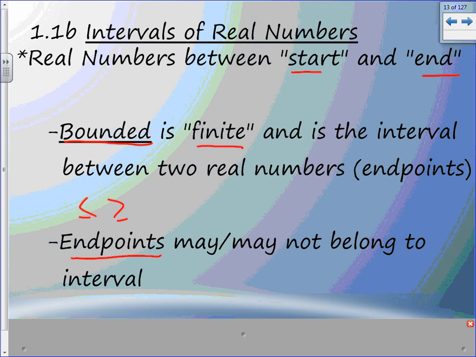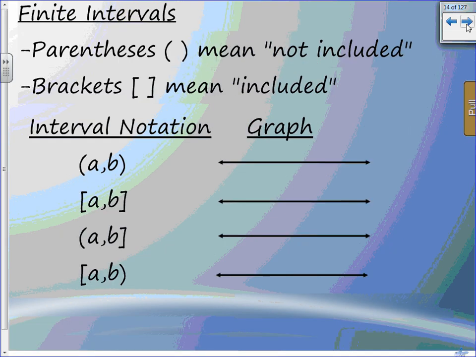Let me just show you how we would represent these intervals. Parentheses mean the numbers are not included in the interval. Brackets mean the numbers are included in the interval.